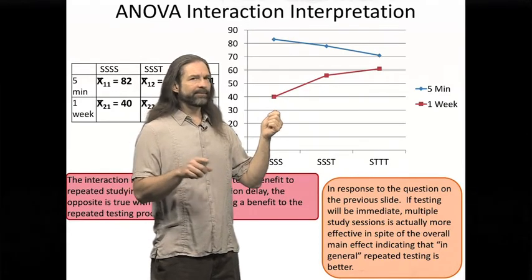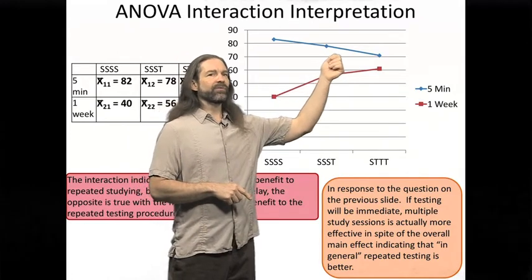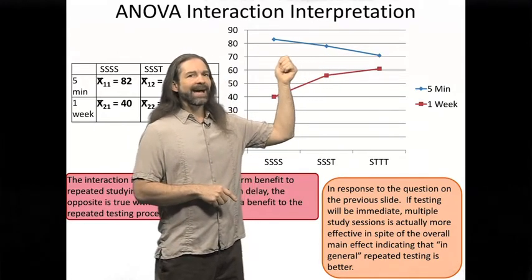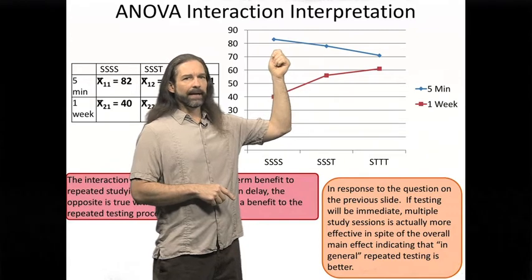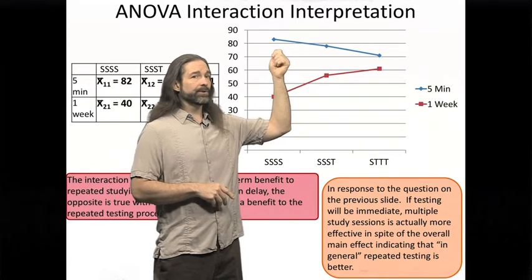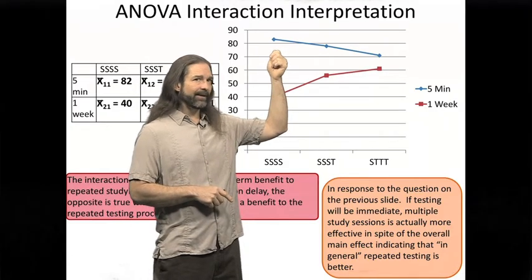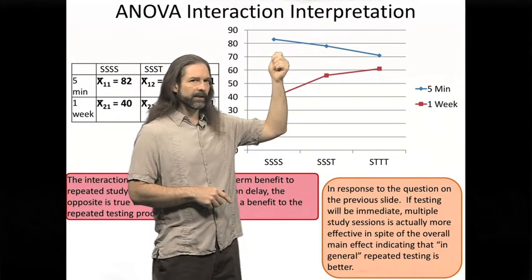But that main effect does not hold up under the 5-minute delay. In fact, with a 5-minute delay, the best performance was when all they did was study the material and did not have a self-examination phase.